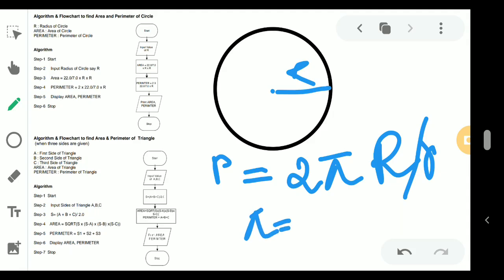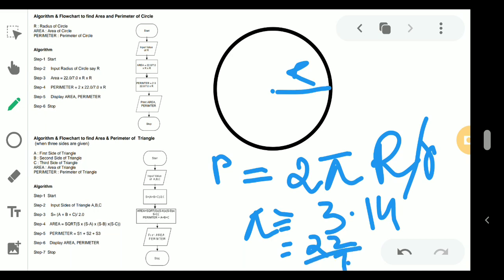Approximately, pi is nearby 3.14, but here we are using 22 by 7 instead, because 3.14 is an approximation, but if you divide 22 by 7 you get more digits after the decimal place. So that's why we will consider 22 by 7.